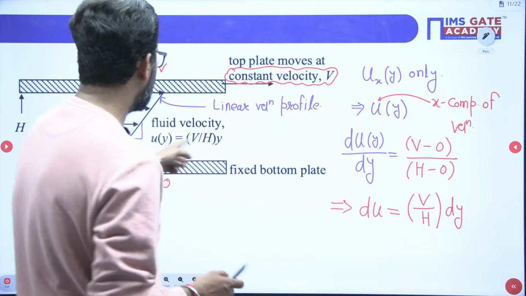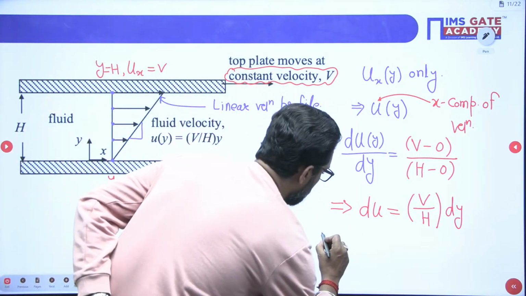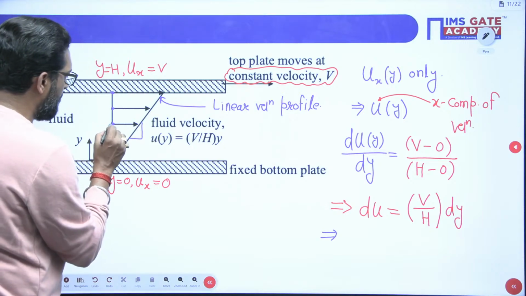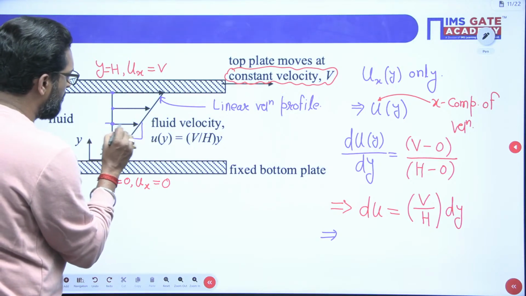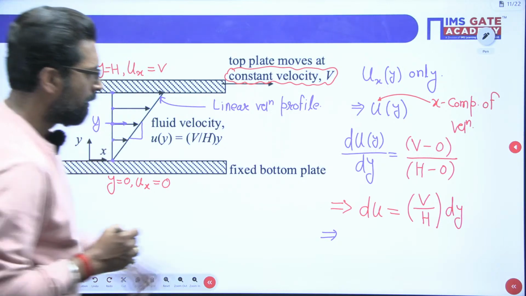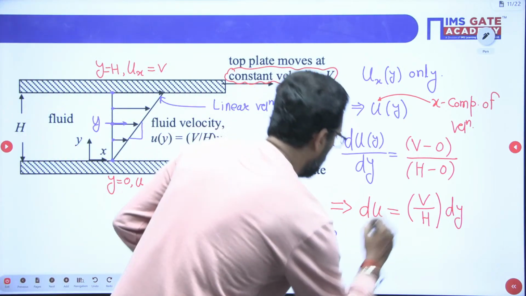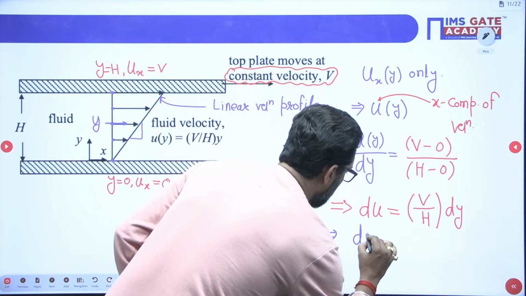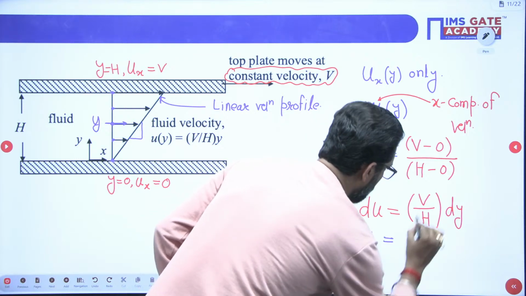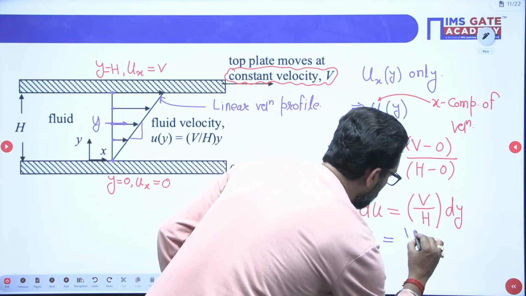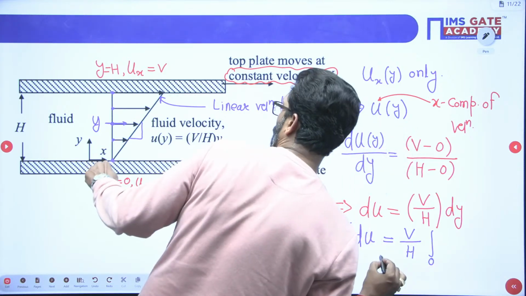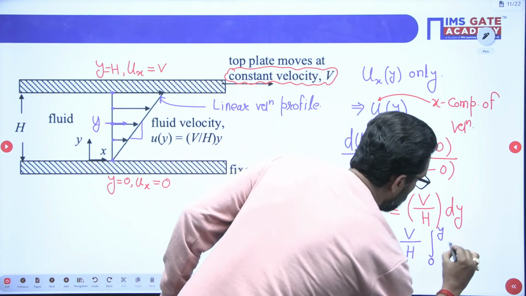So what is the variation? If you take any point, let's suppose this is at a, you have to find the fluid velocity, and let's suppose this is at distance y. So if you integrate, du is equal to V by H, with V and H constant outside, and you integrate from 0 to y of dy.